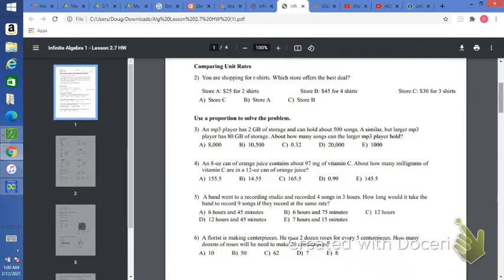So for store A, it's $25 for 2 shirts. So if we do 25 divided by 2, that's going to be 12.5, or $12.50 per shirt.